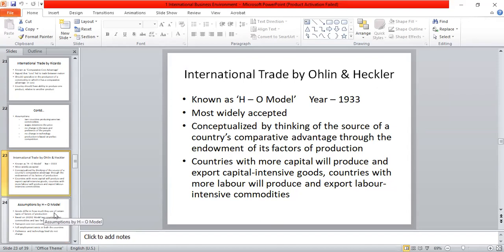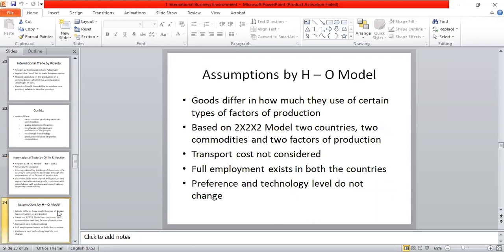Now, like we studied the assumptions of Ricardo, on the same line we study the assumptions put by Heckscher and Ohlin. The first assumption: goods differ in how much they use of certain types of factors of production. So they bifurcate on the basis of factors of production.